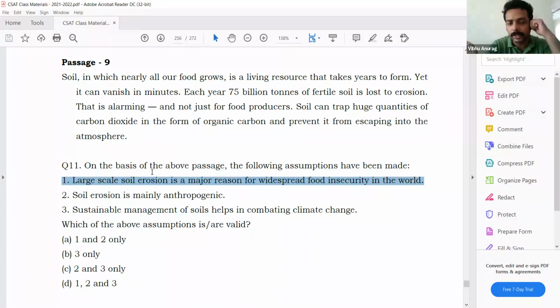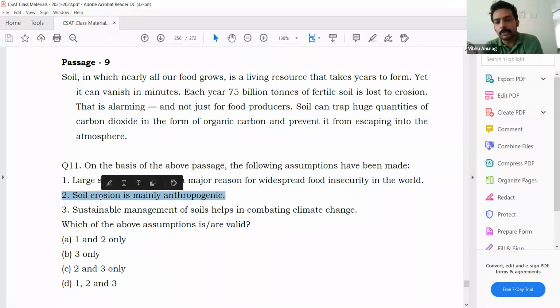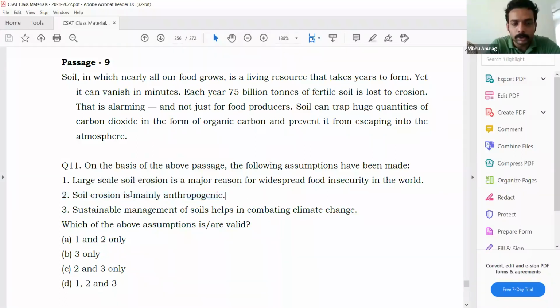So one is off topic. We don't know whether the author believes this. So one is wrong. As soon as you see one is wrong, your answer is either B or C. The second one, soil erosion is mainly anthropogenic. Anthropogenic means man-made, caused by people's activities. That's not implied anywhere. So 2 is also not a valid assumption. Then it must be B, 3 only.